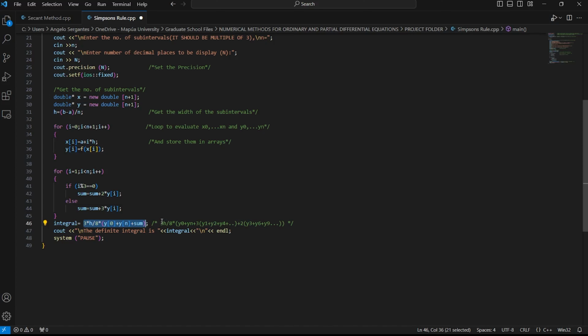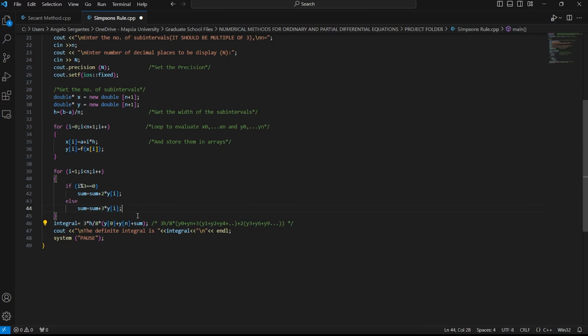We know that the general formula is 3h over 8 times y sub 0, plus y sub n, plus 3 times the sum of y sub 1, 2, 4, up to n minus 1, plus 2 times y sub 3, y sub 6, y sub 9, up to n minus 3.